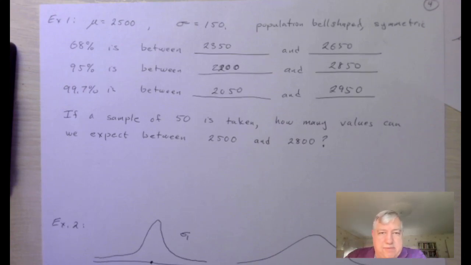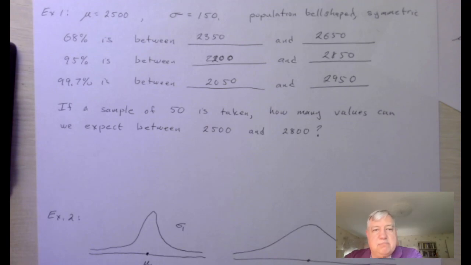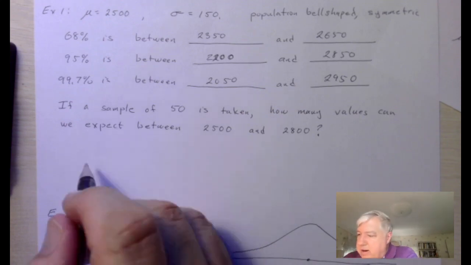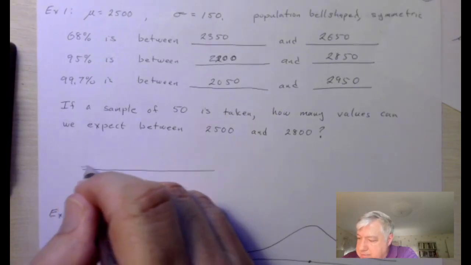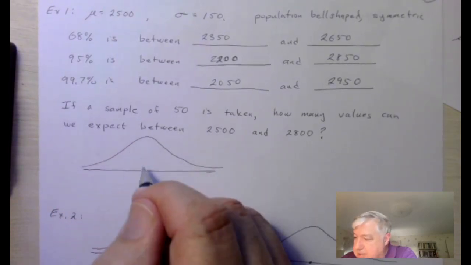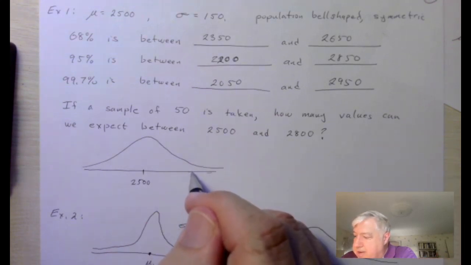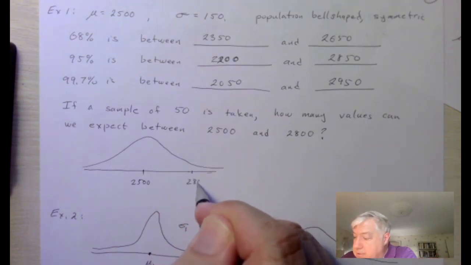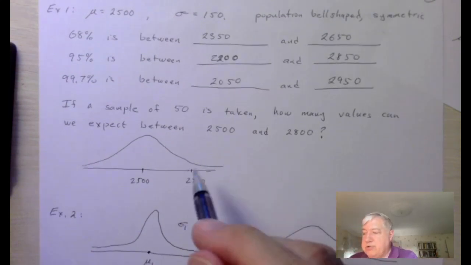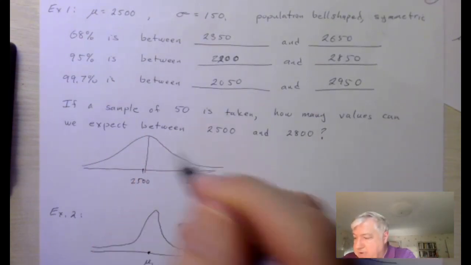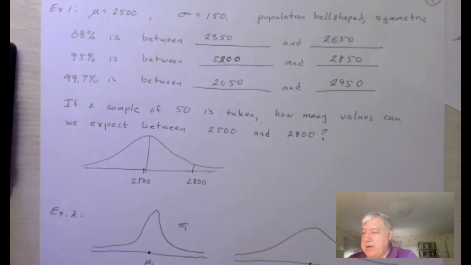If a sample of size 50 is taken, how many values can we expect between 2,500 and 2,800? Well, let's look at our picture now. Again, here's our bell-shaped distribution. It's centered at 2,500, and here's 2,800. We're talking about 2 standard deviations from the mean, right? From the center to here.